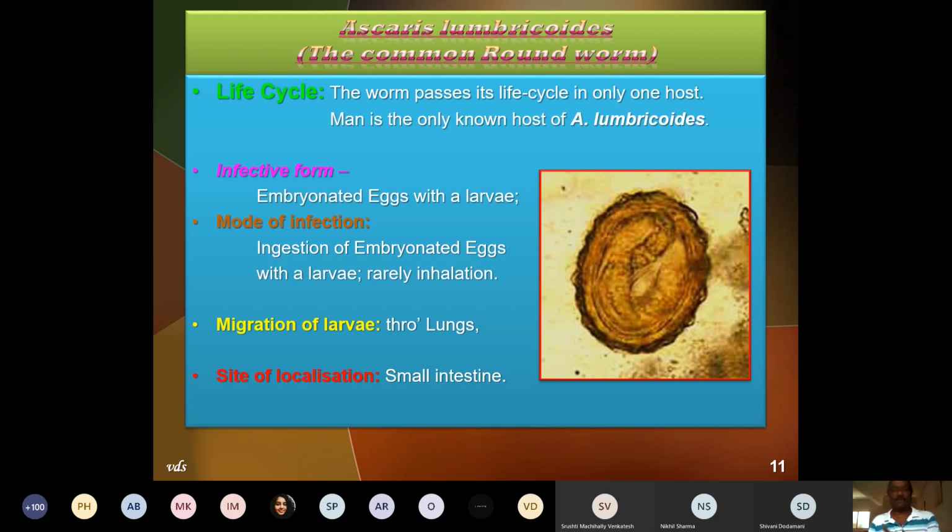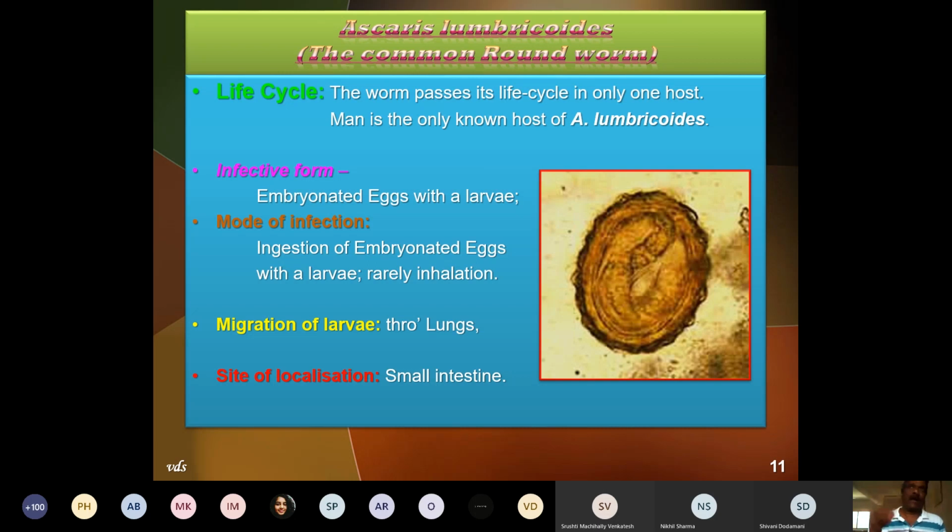That we are going to study in the life cycle in detail. Just remember, this larval form, which is liberated in the duodenum where there is a favorable environment for the growth of this parasite, does not immediately get converted into the adult. Remember, this is a very, very important point.